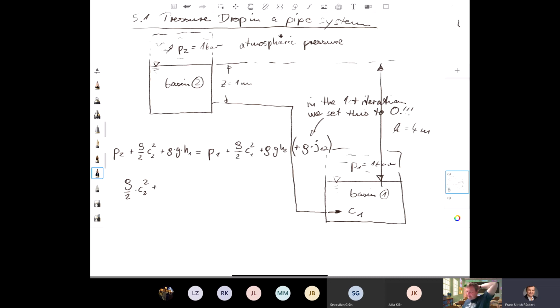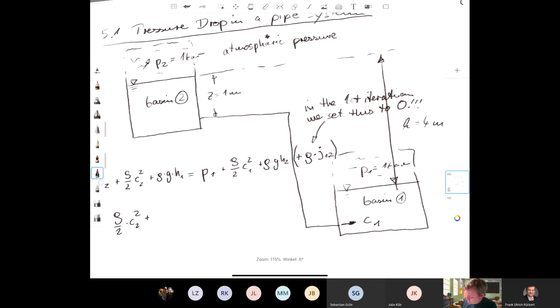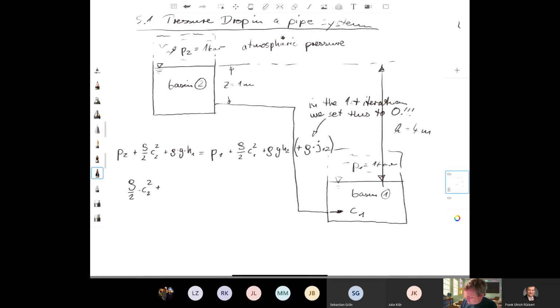But here in this example, both basins are open and you don't have a big difference in the pressure. So you can say both are atmospheric pressure of the air. And you won't have a big problem. Okay? And then you can say you can neglect them.